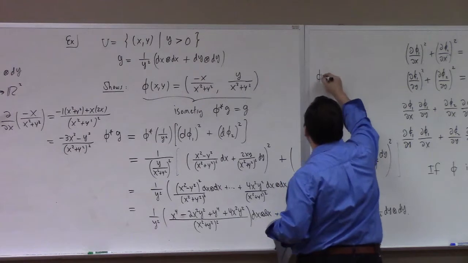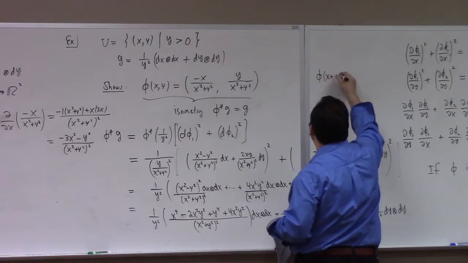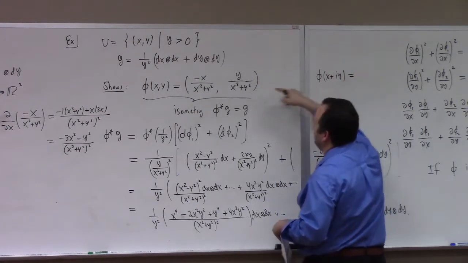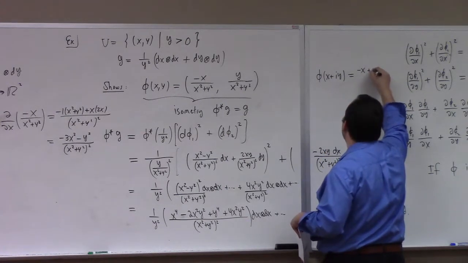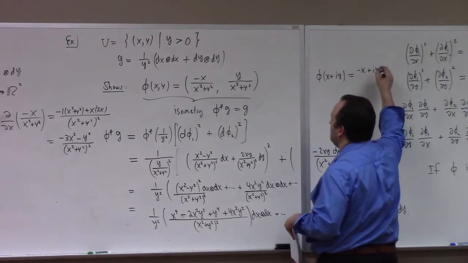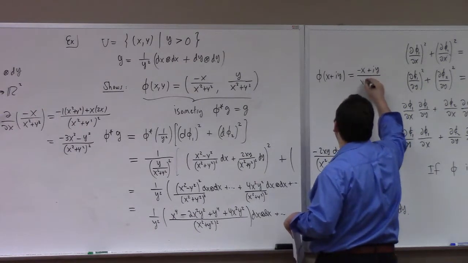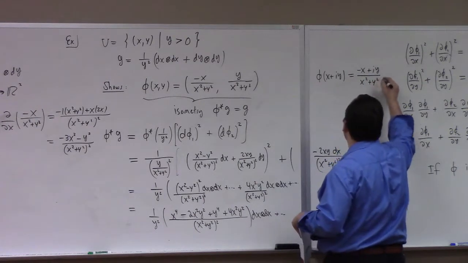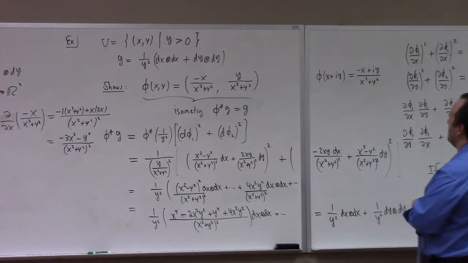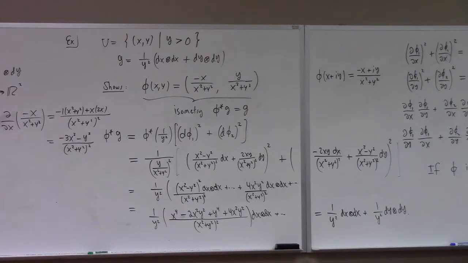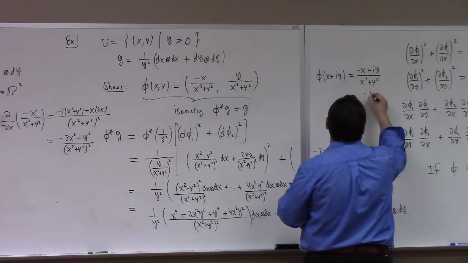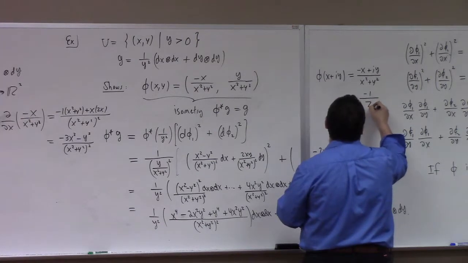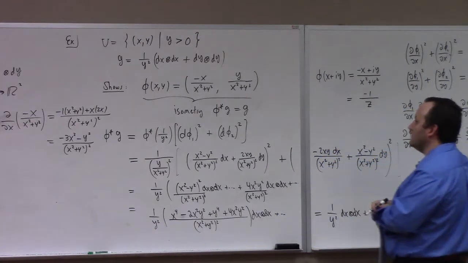This function is phi of x plus iy equals minus x plus iy divided by x squared plus y squared. So what is it? See, it's minus 1 over z.